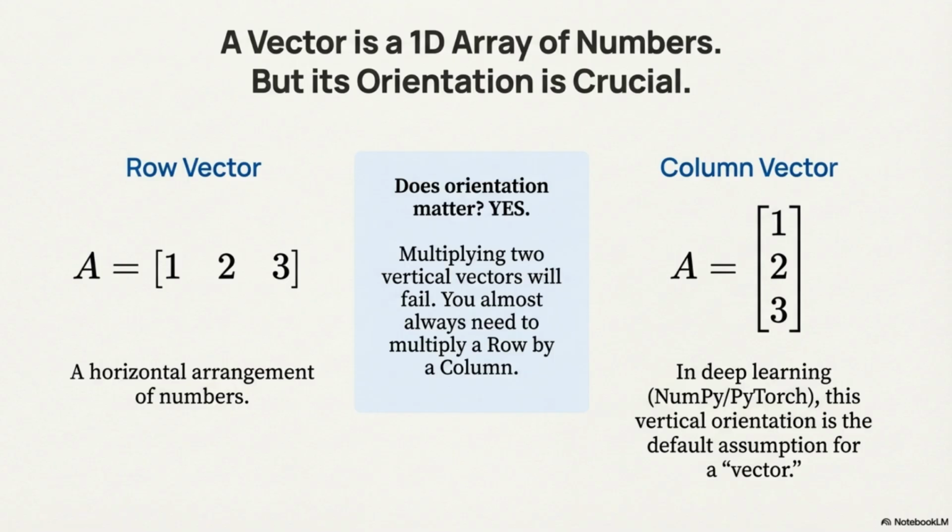In linear algebra and in deep learning libraries like NumPy and PyTorch, a vector is usually treated as a column by default. If you try to multiply two vertical vectors directly using standard matrix multiplication rules, the shapes do not line up, and the operation fails. Most of the time, we multiply a row vector by a column vector instead. That row by column pattern is the core idea that everything else builds on.